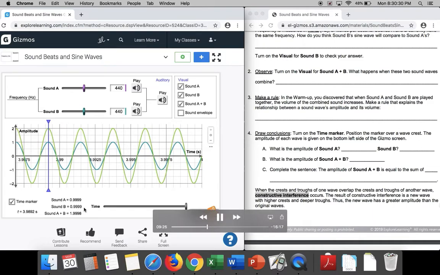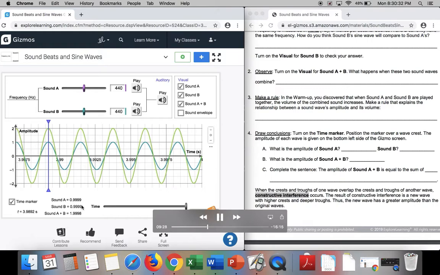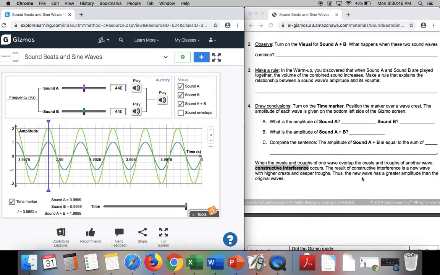Well, then you just add these two numbers together, and you should get what's right here for sound A and B. So it says, complete the sentence: the amplitude of sound A and B is equal to the sum of blank. You fill in that blank. Again, activity A is referring to constructive interference. And again, constructive interference is when the crest and trough of one wave overlap the crest and trough of another wave.